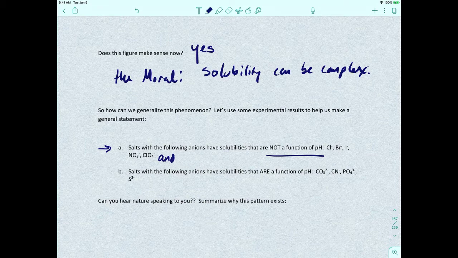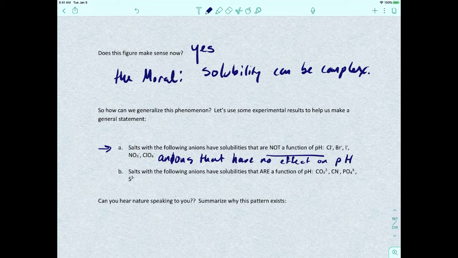If you remember that list from when we were talking about ionic salts that have acid-base properties, these are the anions that have no effect on pH. So that list carries over here.